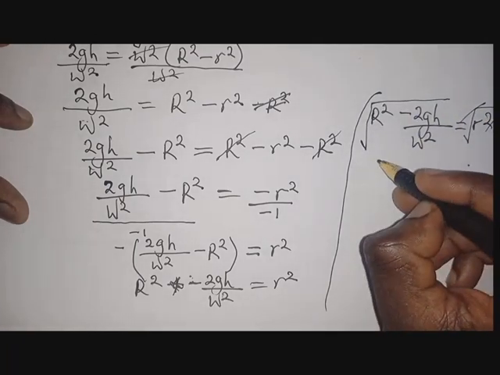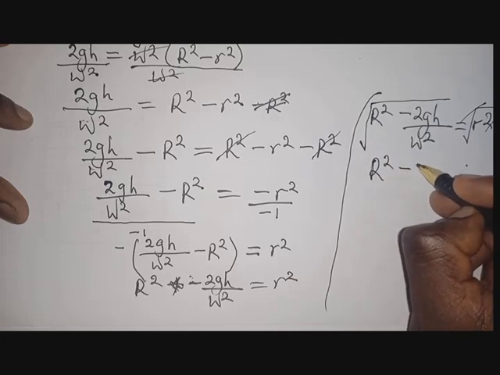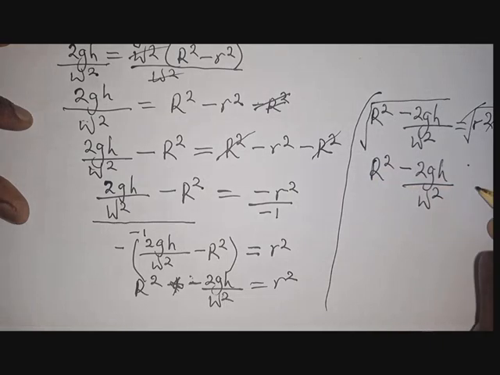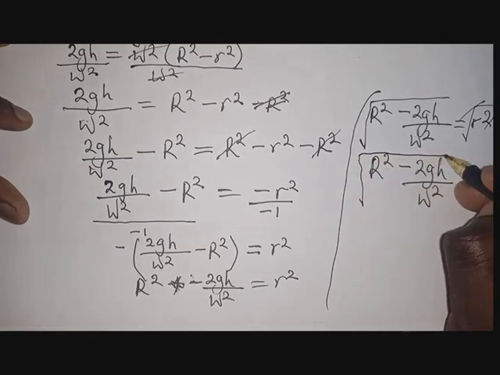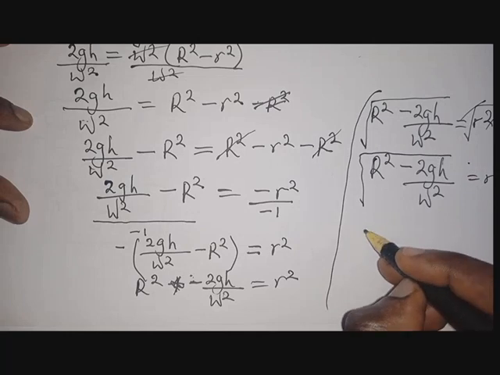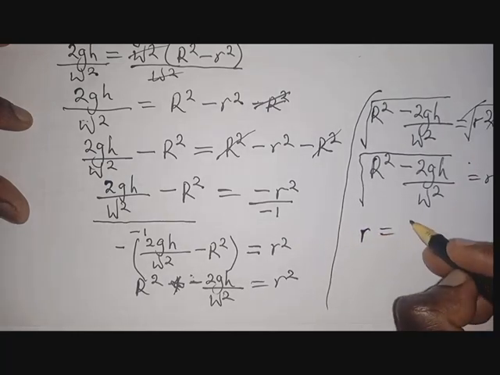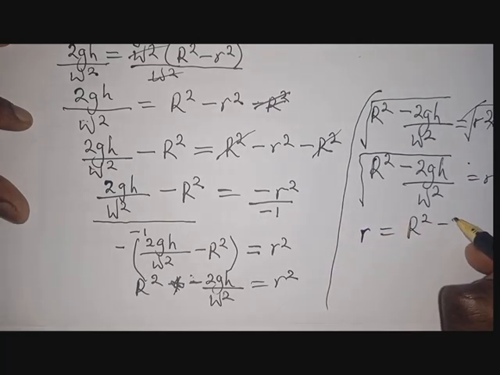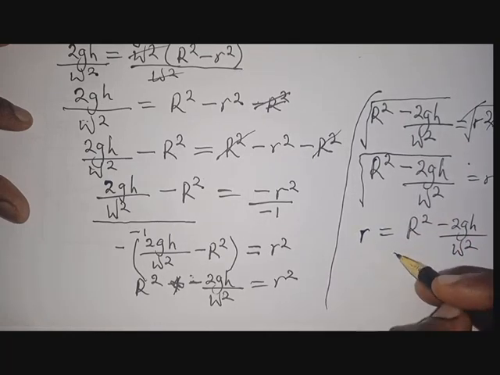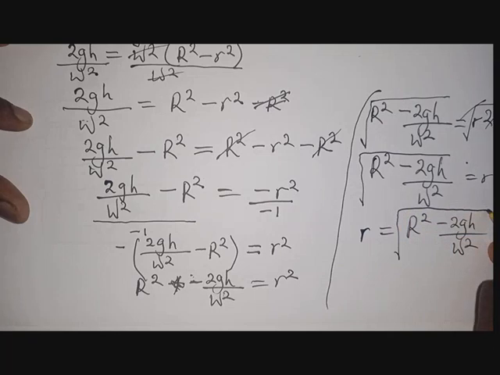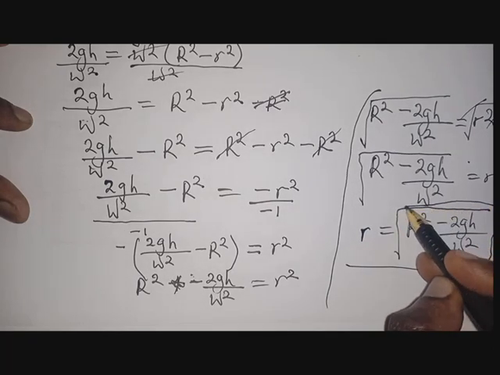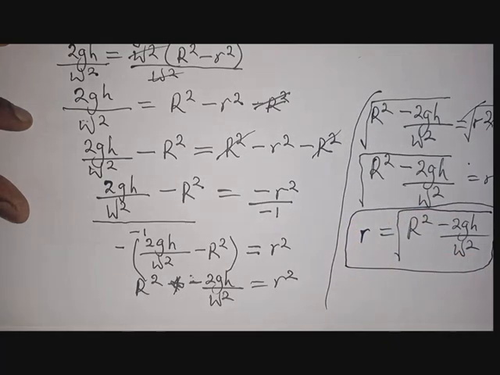Then I'll be left with the square root of R squared minus 2gh over w squared equals r. So making it the subject of the formula, we can rearrange it this way. The square root of R squared minus 2gh over w squared. So this is the formula when small letter r is made the subject.